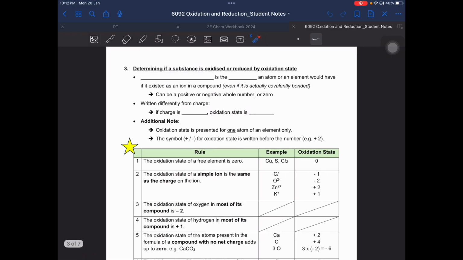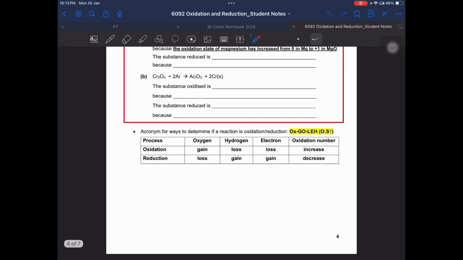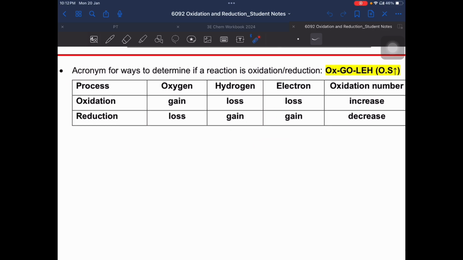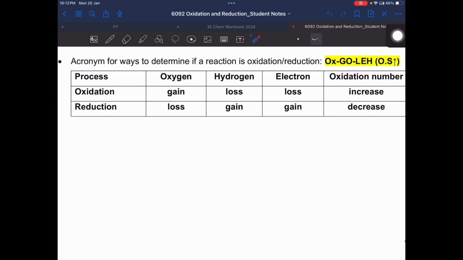So just a quick recap on what was covered in the previous video. The main thing was learning about the various methods to determine whether a type of reaction is an oxidation reaction or a reduction reaction.